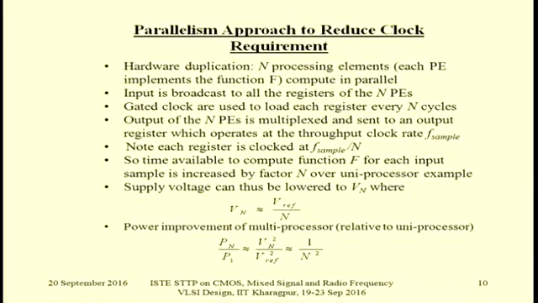So on a case-to-case basis, we resort to hardware duplication: N processing elements, each PE implementing the same function f. They are allowed to compute in parallel. Input is broadcast to all the registers, but not at the same point of time. We cannot do that. We will discuss how. Gated clocks are used to load each register every n cycles. Gated clock means, think of a ring counter, all of us have done it.